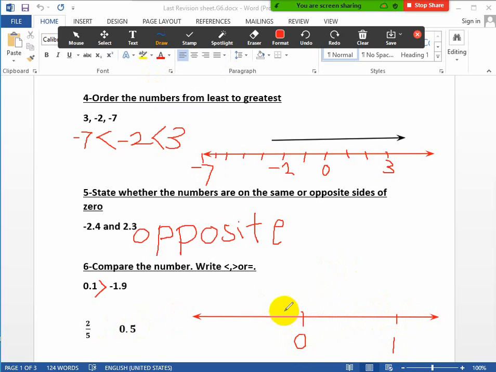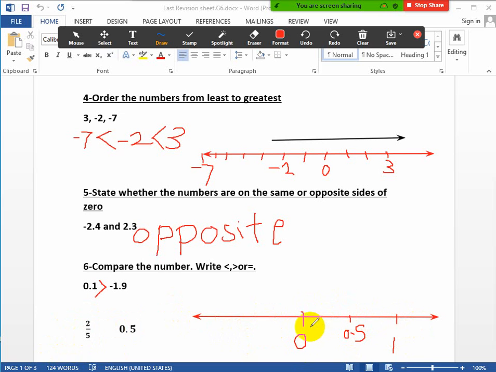It will be between which two numbers, Farah? Very good. In the middle. This is 0.5. Now, 2 over 5, also between. Very good.